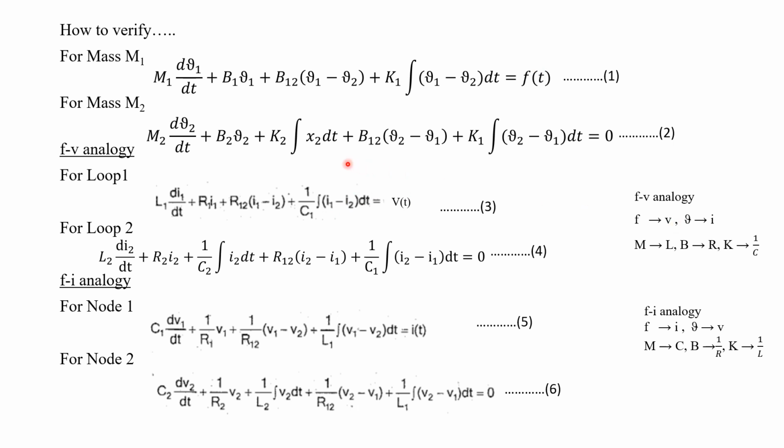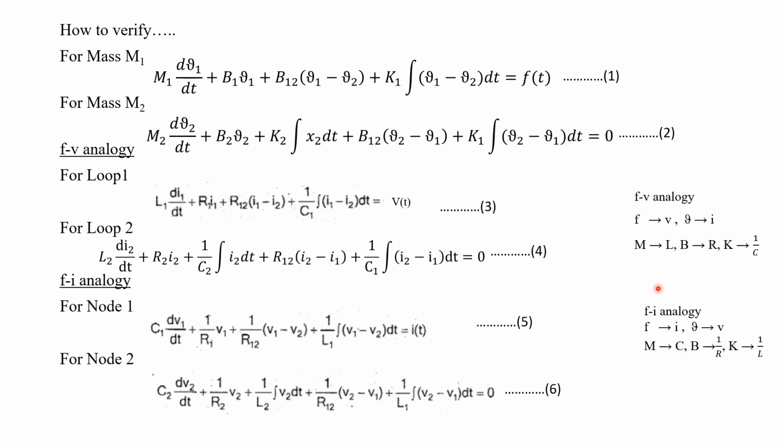Similarly, if you consider mass 2, we can compare equation number 2 with equation 4. In equation 2 we have M2, here we have L2, because M is equated to L. Similarly, we can compare each and every term. It will be equivalent.